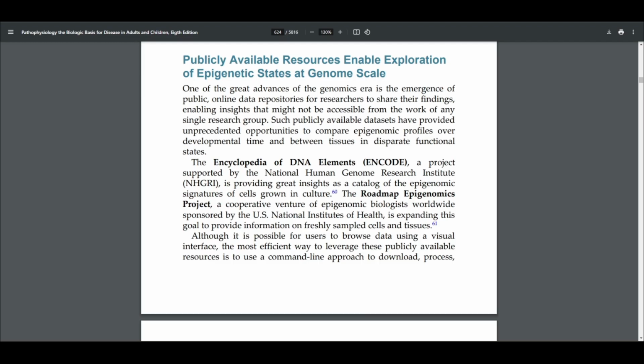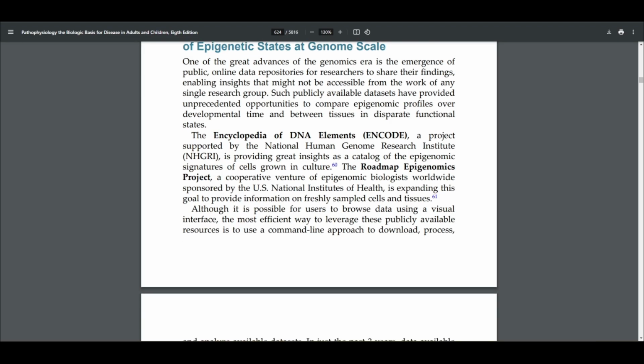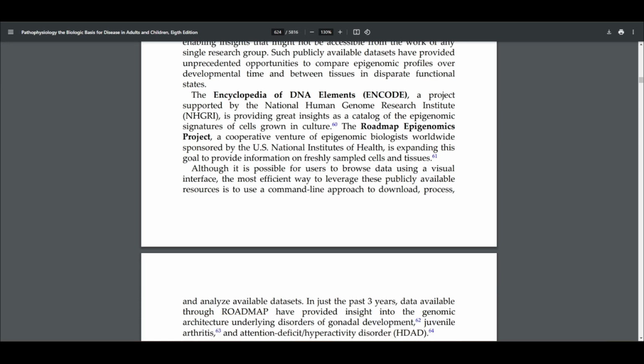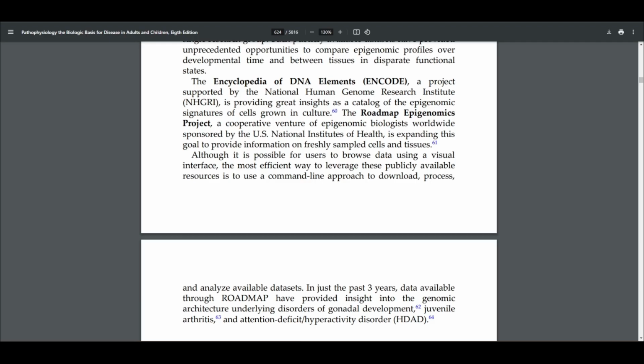Publicly available resources enable exploration of epigenetic states at genome scale. One of the great advances of the genomic era is the emergence of public online data repositories for researchers to share their findings, enabling insight that might not be accessible from the work of any single research group. Such publicly available datasets have provided unprecedented opportunities to compare epigenomic profiles over developmental time and between tissues in disparate functional states.